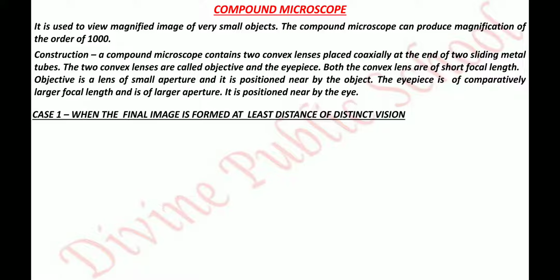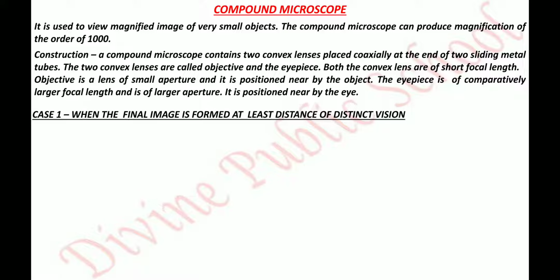It is the nearest distance at which we can see an object clearly, and for normal vision its value is 25 centimeters. Now we are going to discuss how the image is formed at the least distance of distinct vision.